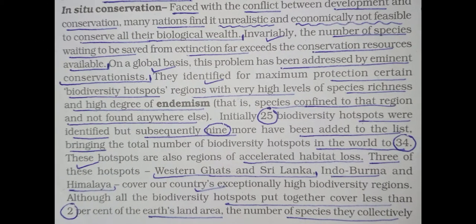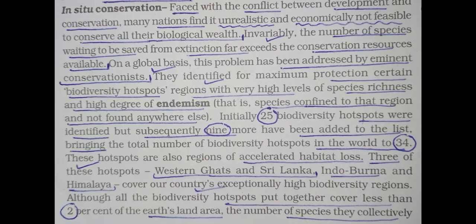So part 1 of this question on in situ conservation is completed here, and now you are seeing the textbook on your screen, and we will read part number 1, the first paragraph of this topic.